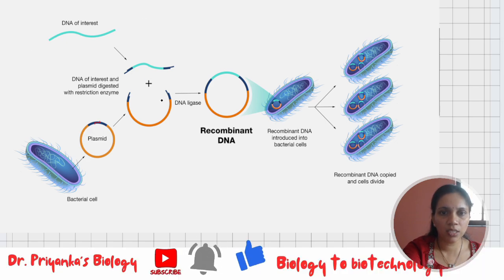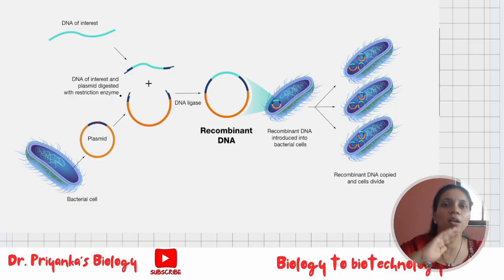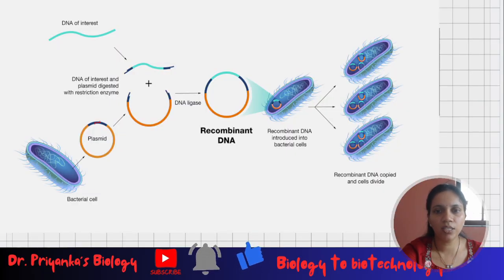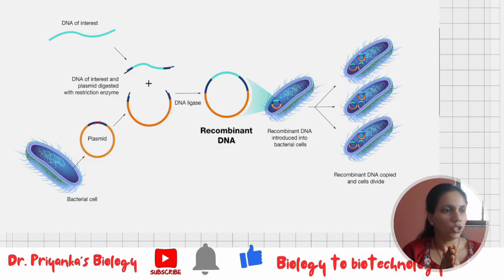Now, because it is cut with the same restriction enzyme, we will have the same type of ends, which are called sticky ends. You must have seen Velcro, which is used for sealing different things.